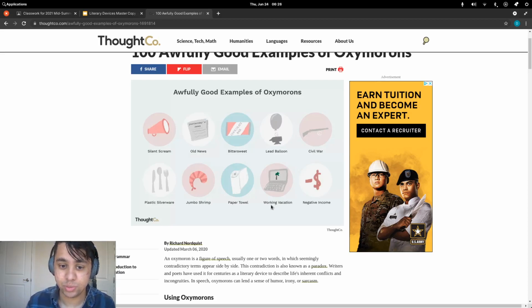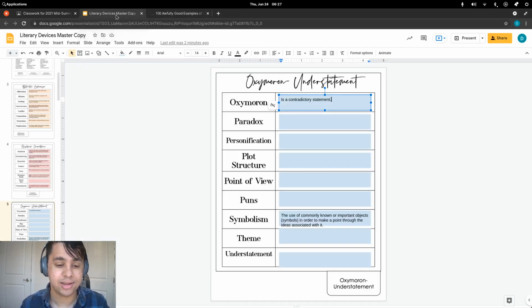Bittersweet, like bittersweet chocolate bars, those two things are a great oxymoron because they're literally contradictory. You can't have something be both bitter and sweet. But when we combine them together as that oxymoron, we're basically saying that it's sweet, but not very sweet. I guess bittersweet sounds better than mildly sweet chocolate. But that's an oxymoron. It's something that is completely contradictory when taken literally.